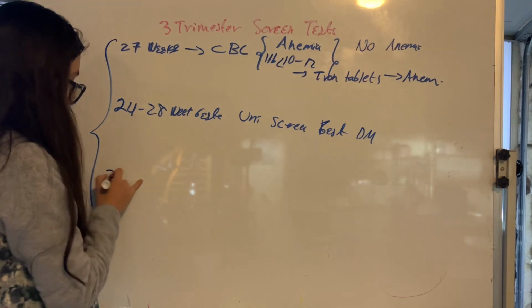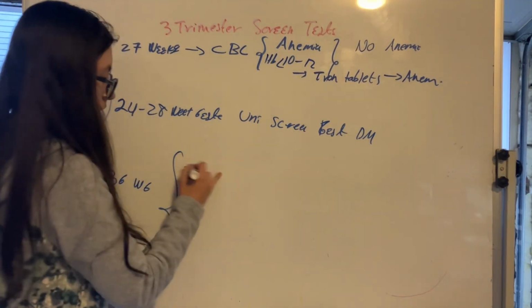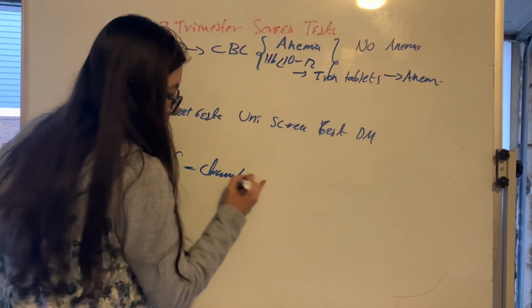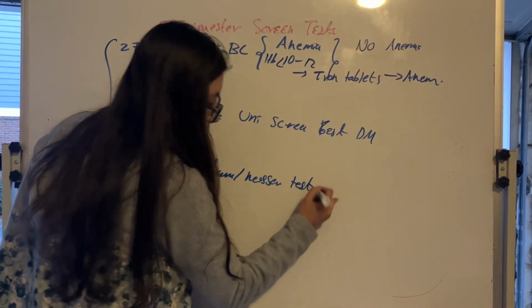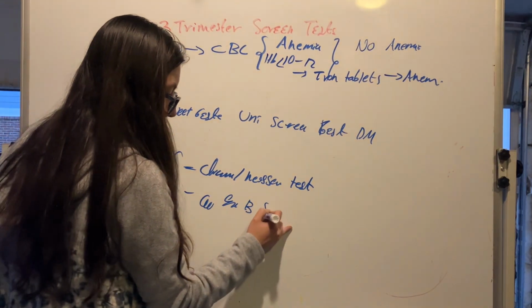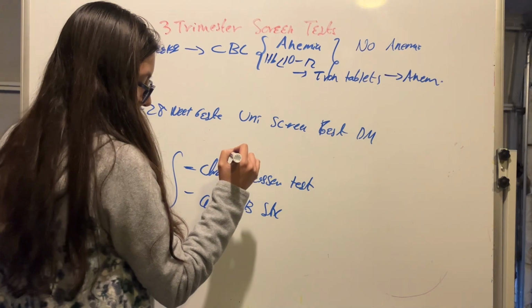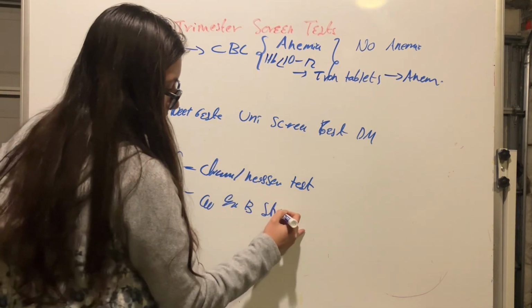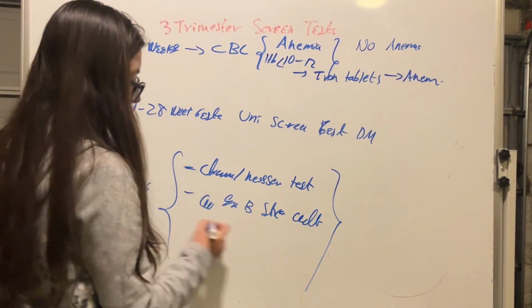And at 36 weeks gestation, we order for chlamydia and Neisseria test, and group B strep culture, rectovaginal culture.